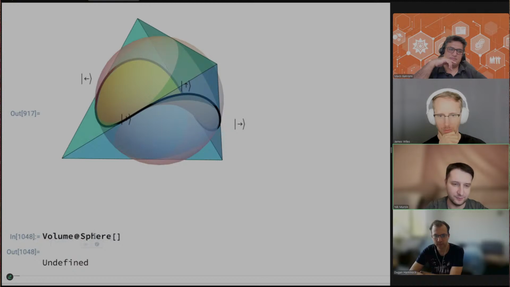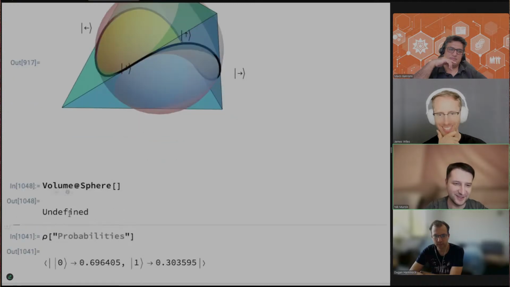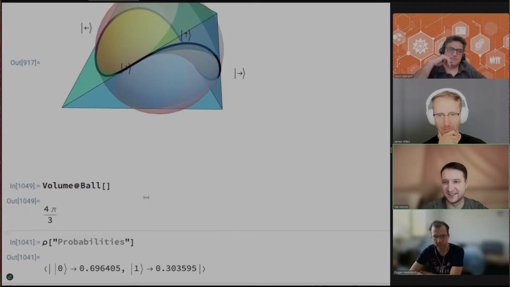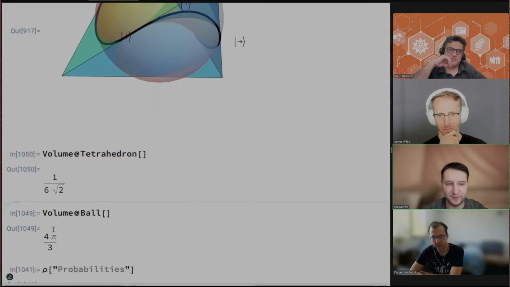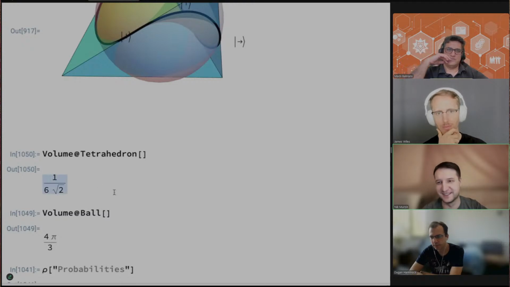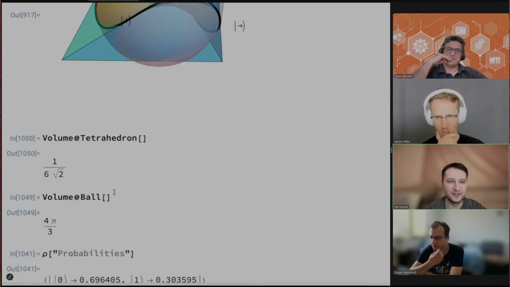Oh, I need the ball, right? But for the tetrahedron with this radius, or maybe another one, it's always going to be some pi here. There's not going to be pi in there, so they can't be the same, right? I'm pretty sure.